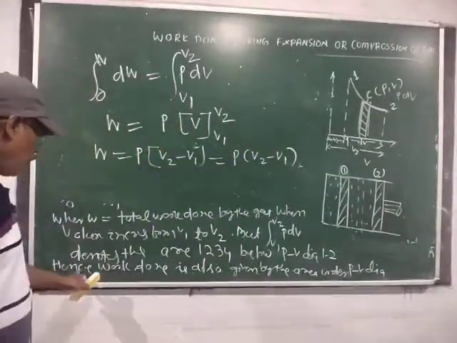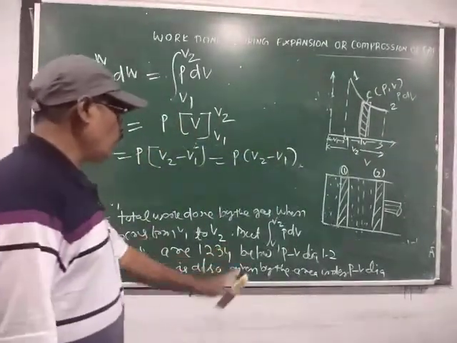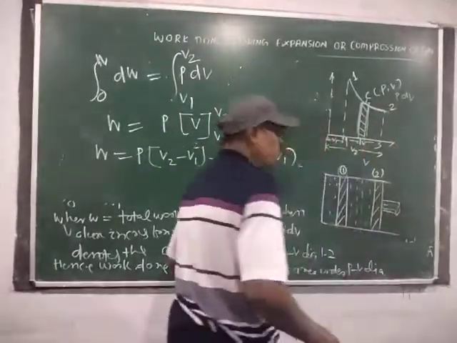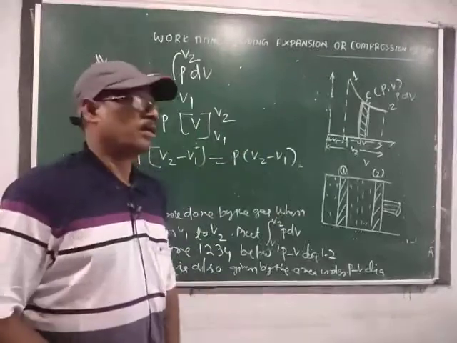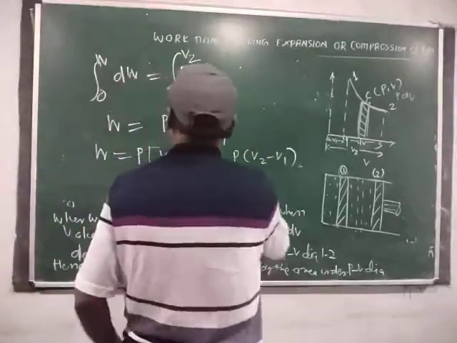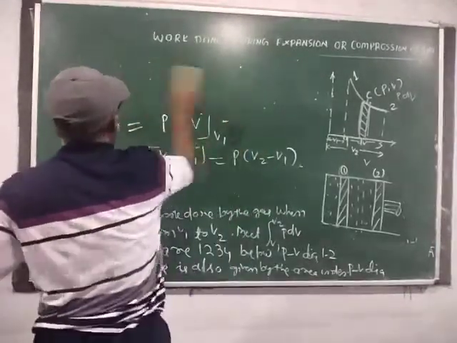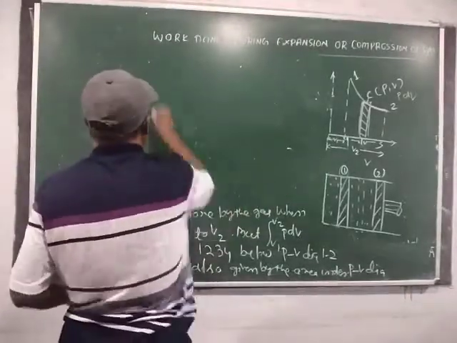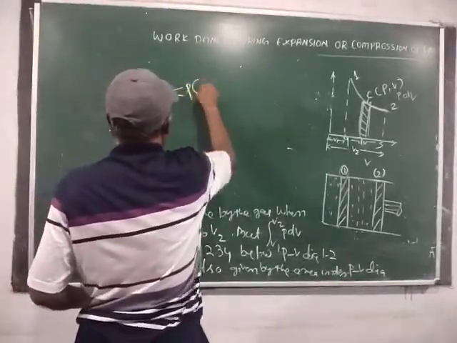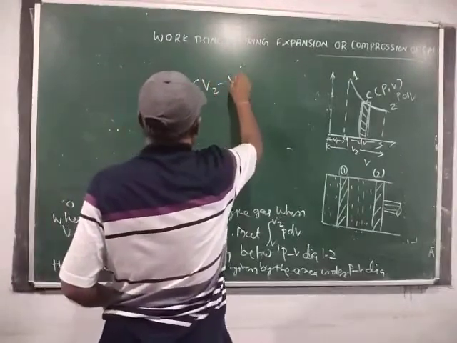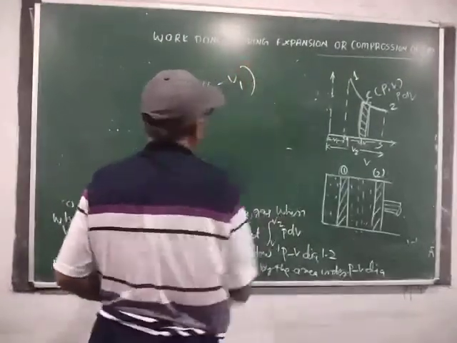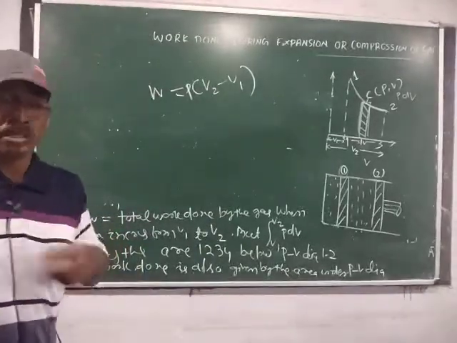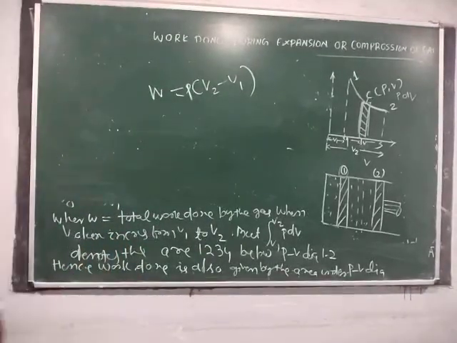Hence, work done is also given by the area under the pressure volume diagram. Therefore, W is equal to integral of P dV, or W is equal to P within bracket V2 minus V1. Now, I will solve some problems.